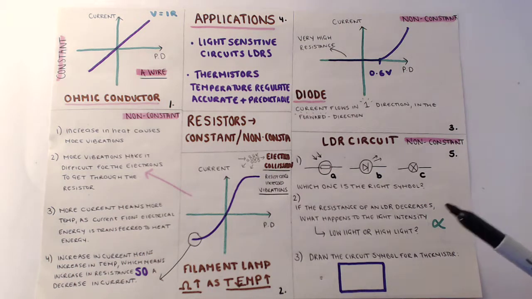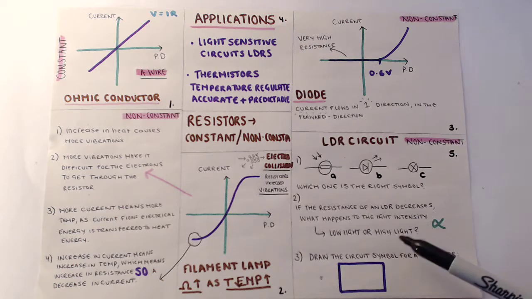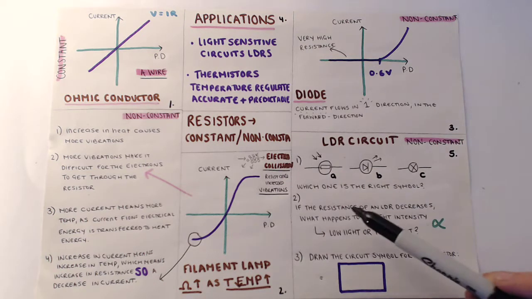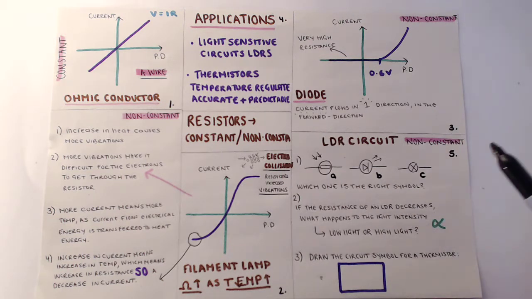If the resistance of the LDR decreases, then the light is going to be increased. So you're going to get high light because resistance and light intensity in an LDR circuit are inversely proportional. So hopefully you would have got that right. So it would be high light.